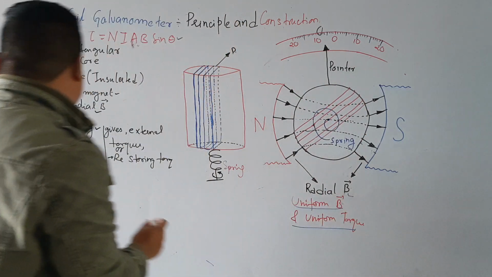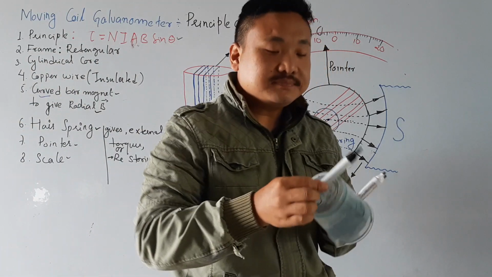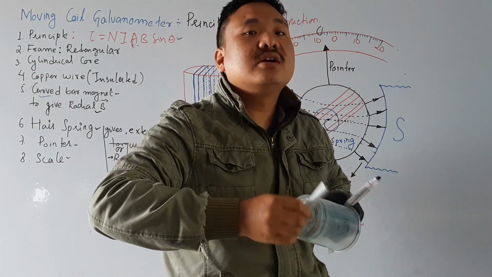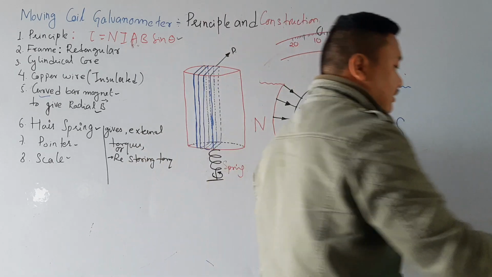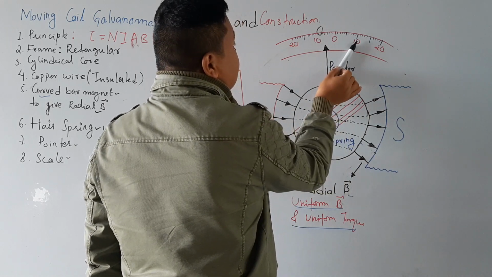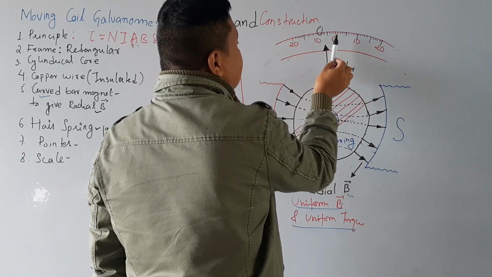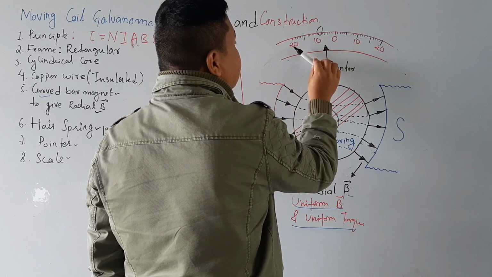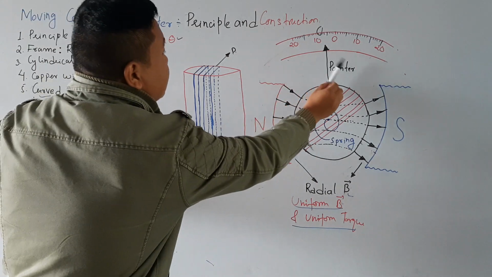And lastly there is a scale which is used to see the angular deflection of the pointer of the meter. It means that if it is 0, then it may go to 10 degrees, 20 degrees. So these are in degrees, to see the angular deflection of the pointer.